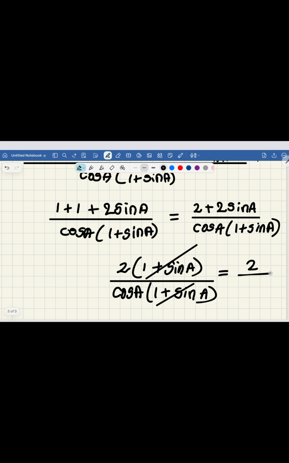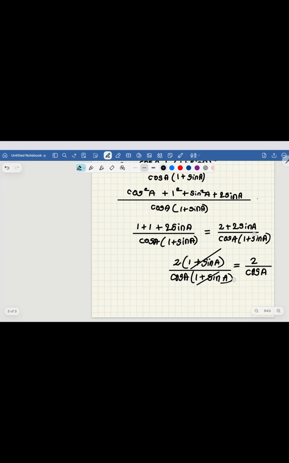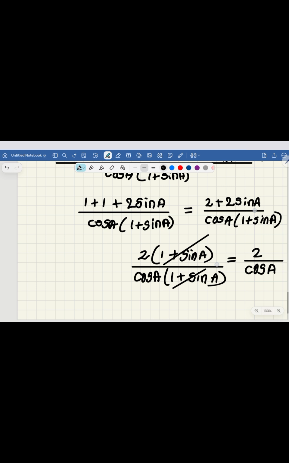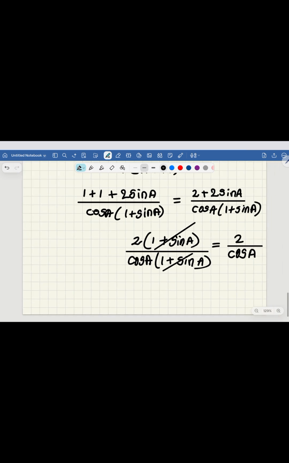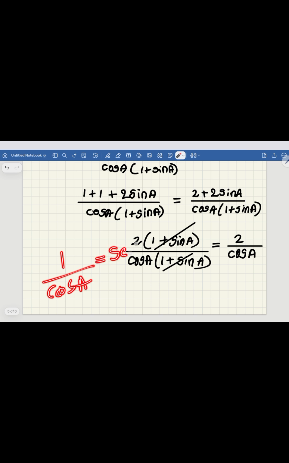Most students get confused even here, but no need to confuse. They asked you to get 2 sec A and you got 2 by cos A. Now you tell me one thing. What is 1 by cos A? 1 by cos A is equal to sec A. And if it is 2 by cos A, then obviously 2 sec A, because the numerator is 2.